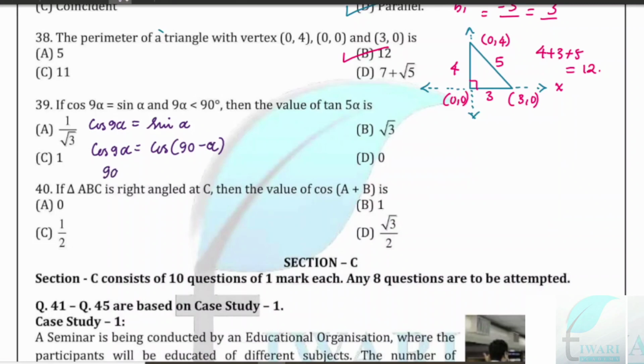Here 9 alpha is equal to 90 minus alpha, which means alpha is equal to 9. So tan pi alpha is tan of pi into alpha, that is equal to pi into 9, which is tan 45 degrees. The value of tan 45 degrees is nothing but 1. So option C, 1, is the right answer.